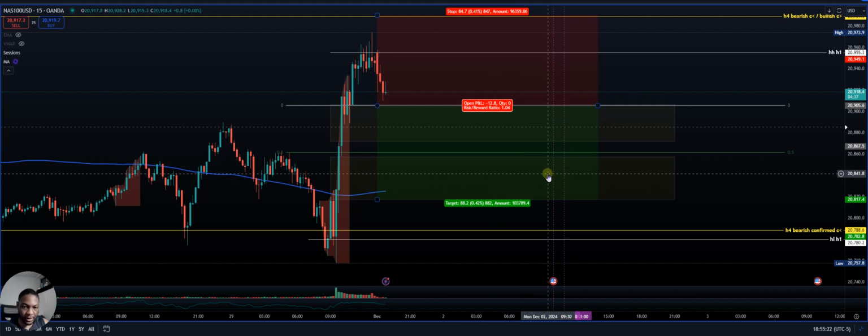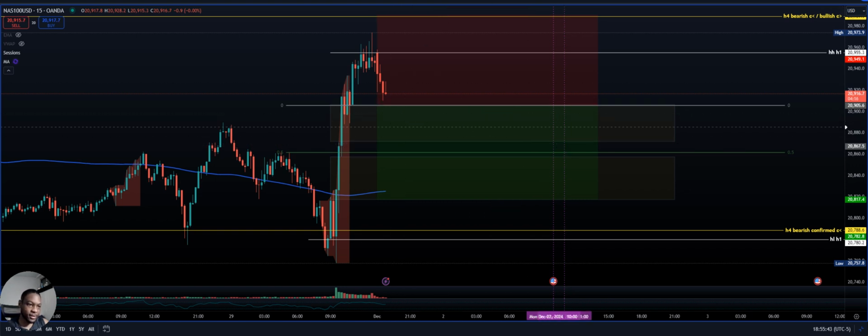So you want to be able to wait for the dust to settle, and then ideally you can start entering your positions after 9:45 a.m. But me personally, I like trading between 10 a.m. and 11 a.m. Latest that I can have my position running is still like 11:30 a.m.